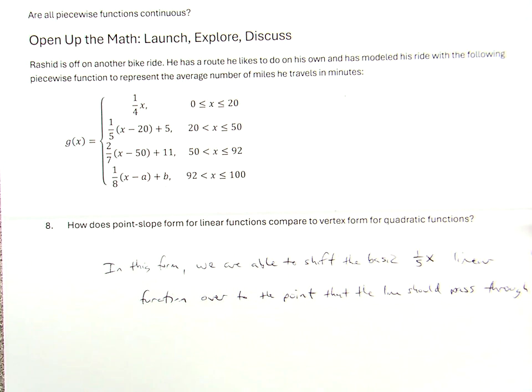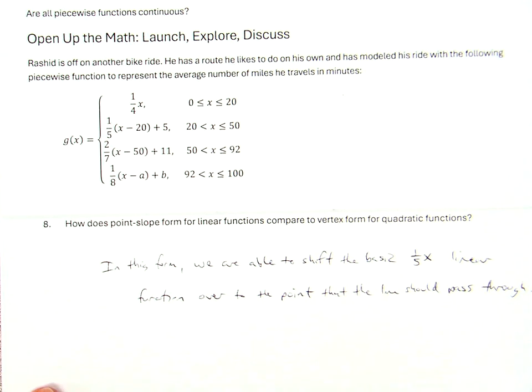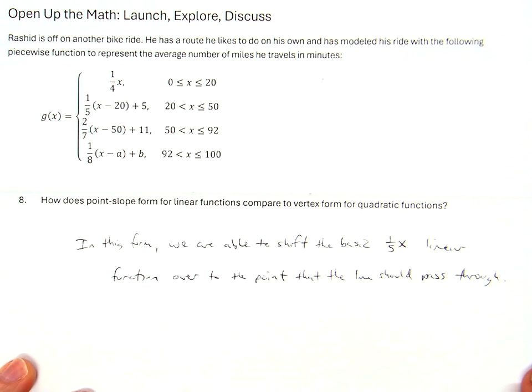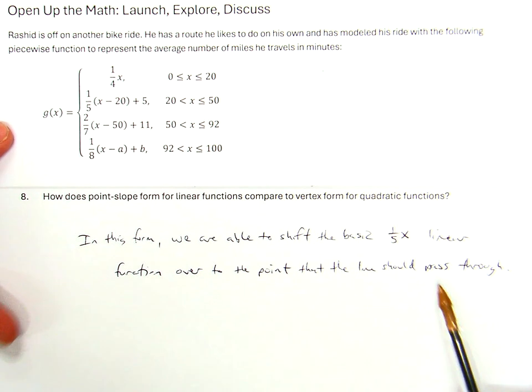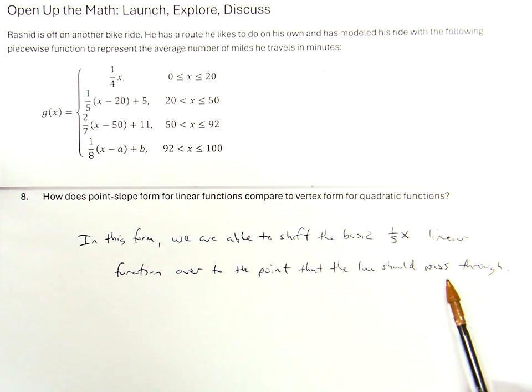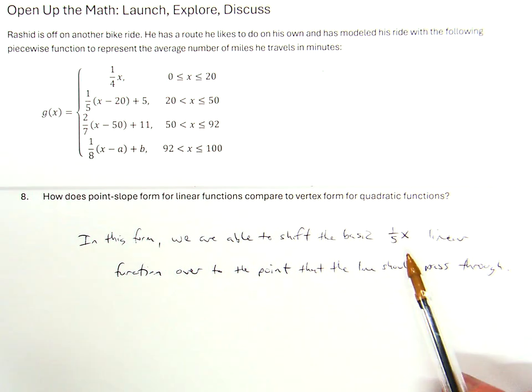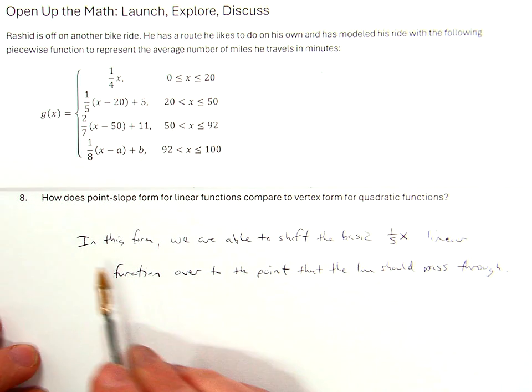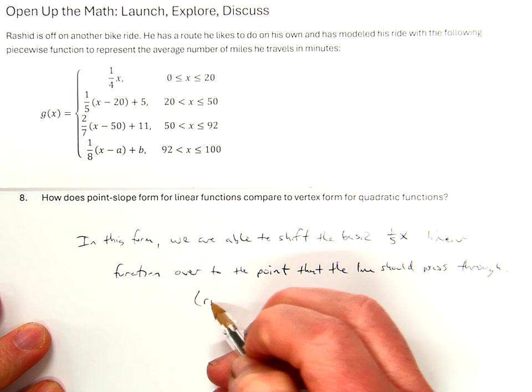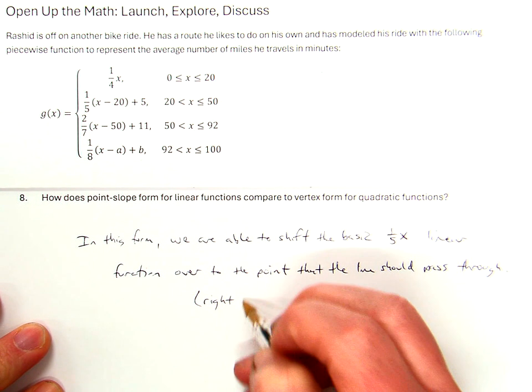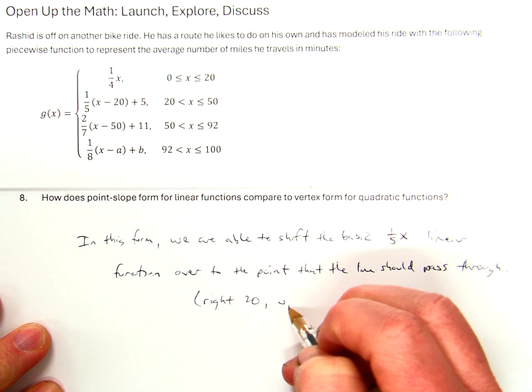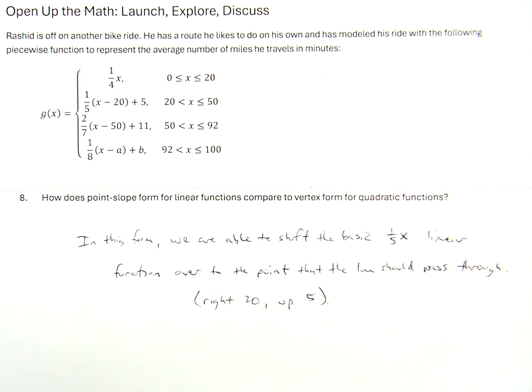Because point slope form literally means the point and the slope that we want on our line. So the line should pass through that point, and it should have this slope, hence point slope form. So in terms of shifting, we could say it went right 20, up 5.